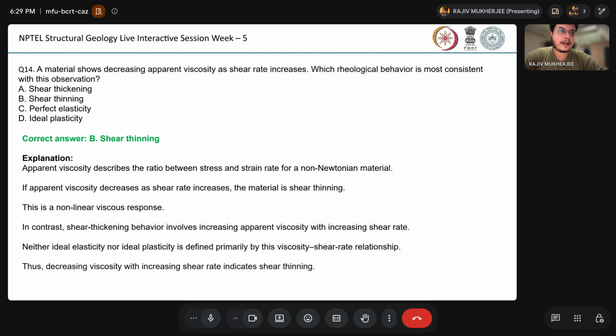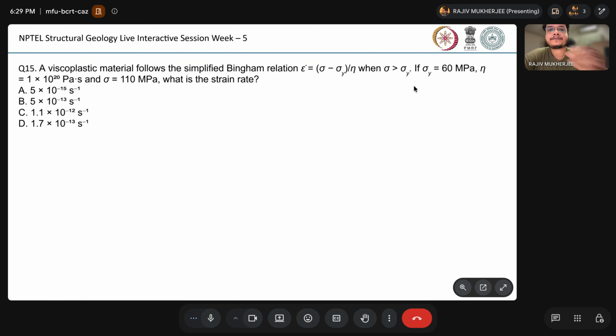Okay, now moving on to the next question. A viscoplastic material follows the simplified Bingham relationship, which is defined as the strain rate is equal to the differential stress divided by the viscosity, where of course sigma is greater than sigma y, which is the yield stress, right?